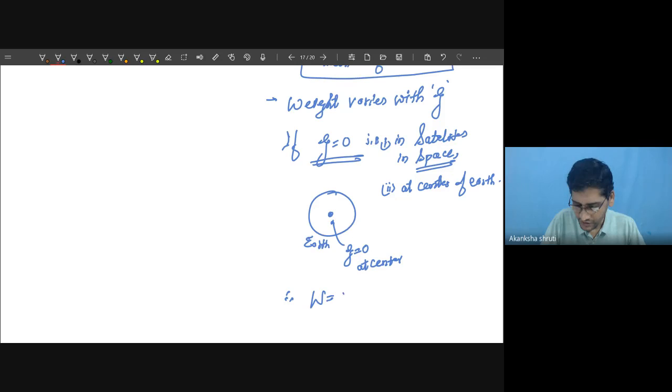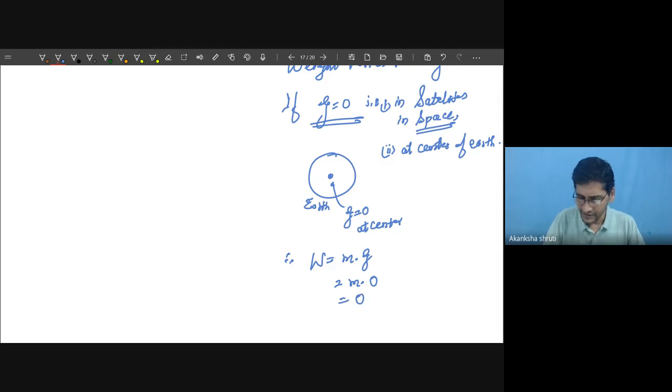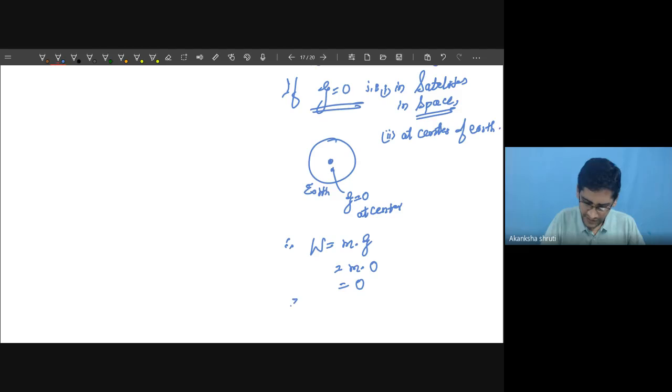Though the body has mass, there is no acceleration due to gravity, so m into 0, anything multiplied by 0 is always 0. So this implies weight could be 0 at the earth's center.